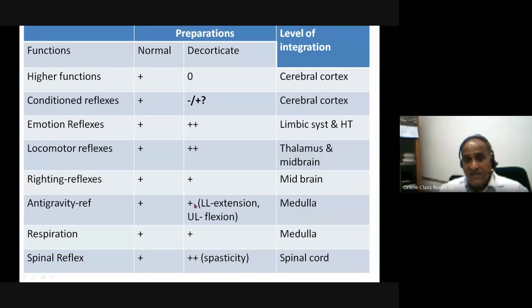In decorticate preparation, there is lower limb extension and upper limb flexion. The upper limb becomes flexed and the lower limbs extend. I would show that. This anti-gravity effect is because the red nucleus is intact.